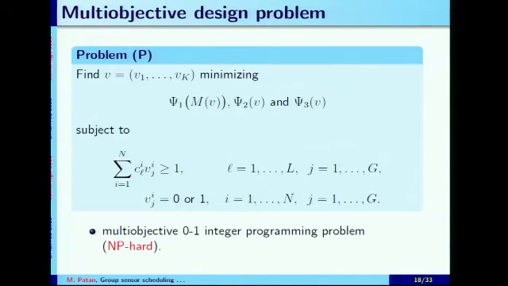So in fact, this is a multi-objective binary programming problem, which is itself NP-hard. It's really a huge search space, even for simple problems. For example, when you have 200 prospective sites.